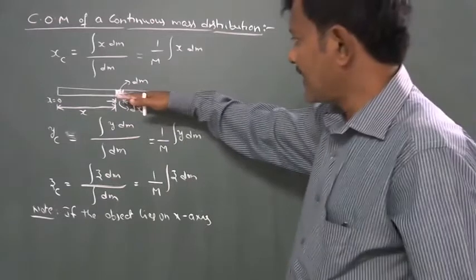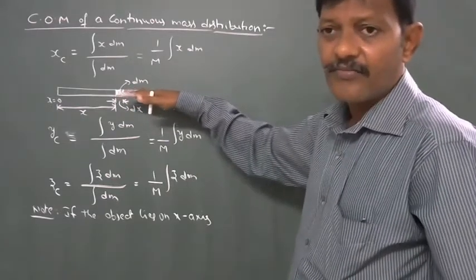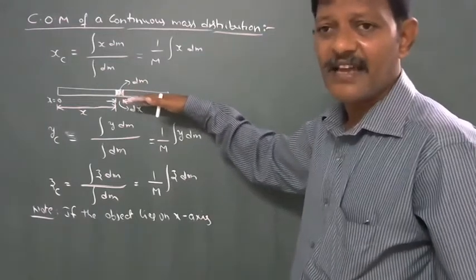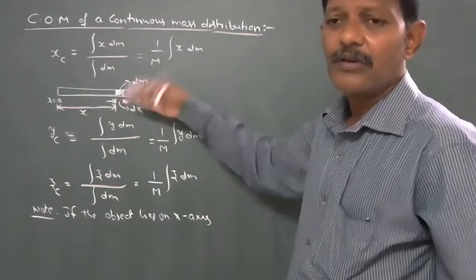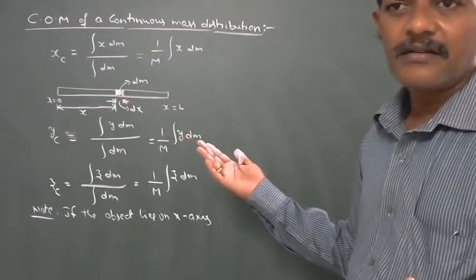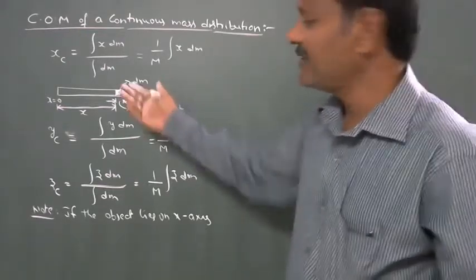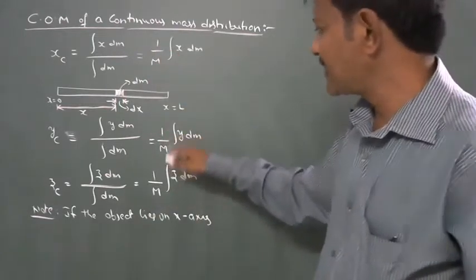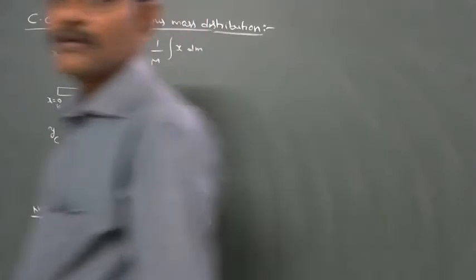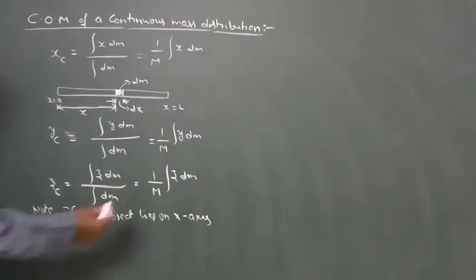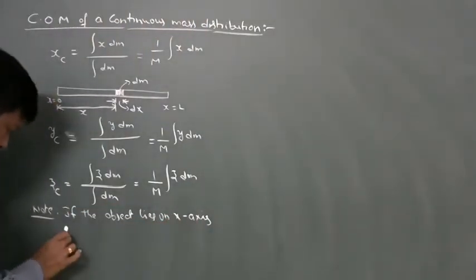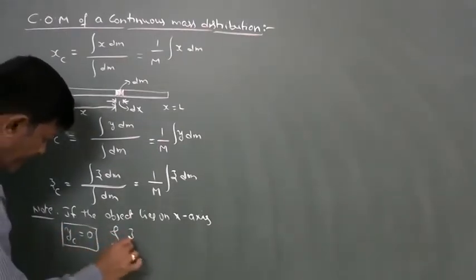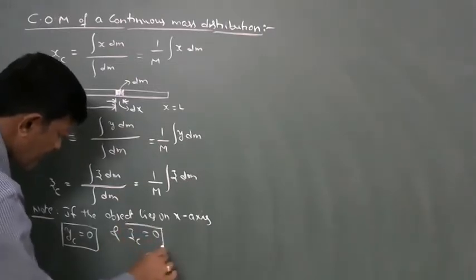This mass is distributed symmetrically about the x-axis, so we can't define the distance of this element along the y-axis or z-axis. So y and z are 0, which means y_c and z_c are 0. So if the object lies on the x-axis, y_c is equal to 0 and z_c is also equal to 0.